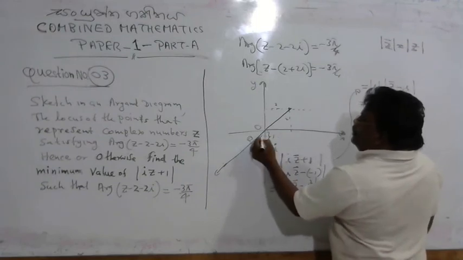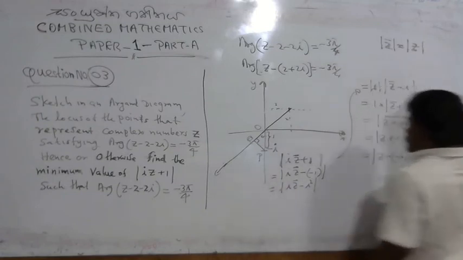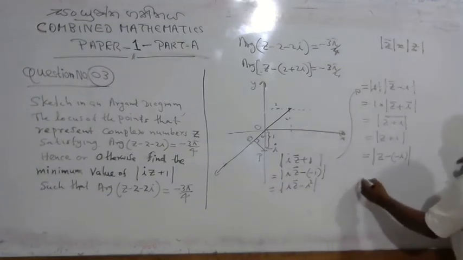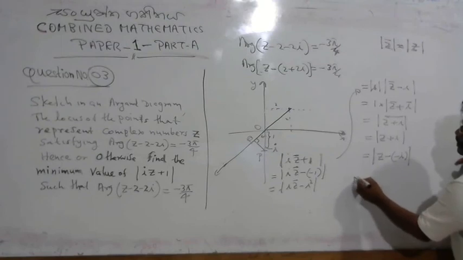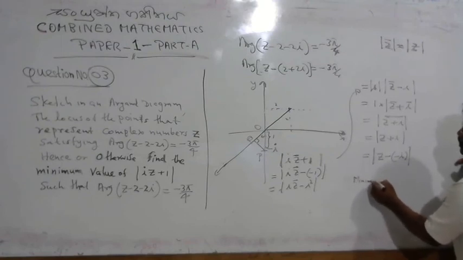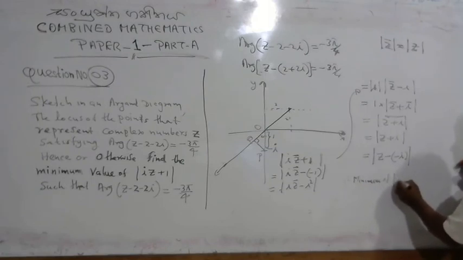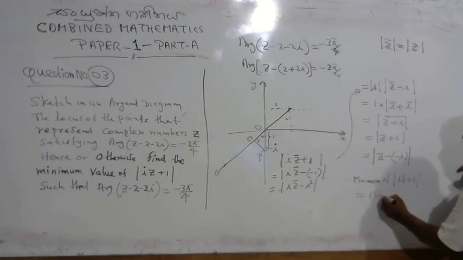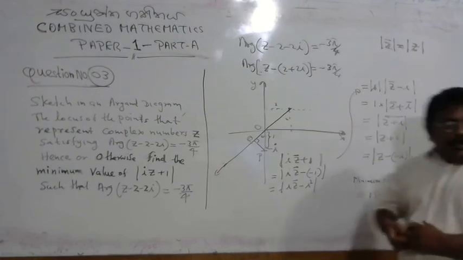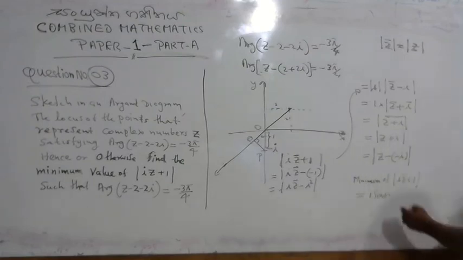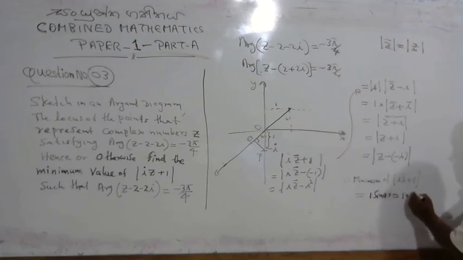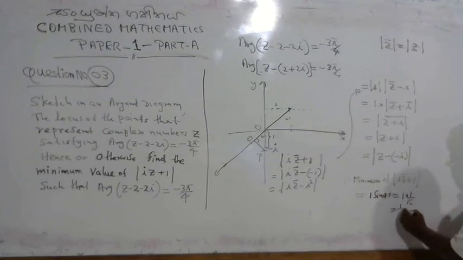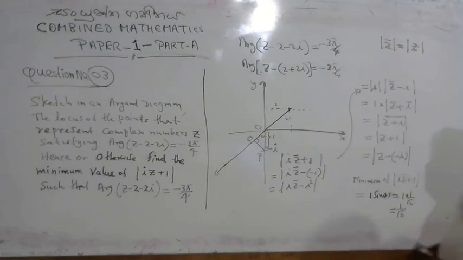So this angle is 45 degrees. Therefore the minimum of |iz̄ + 1| is equal to 1 × sin 45, which is 1 over root 2. Right? The minimum value is 1 over root 2.